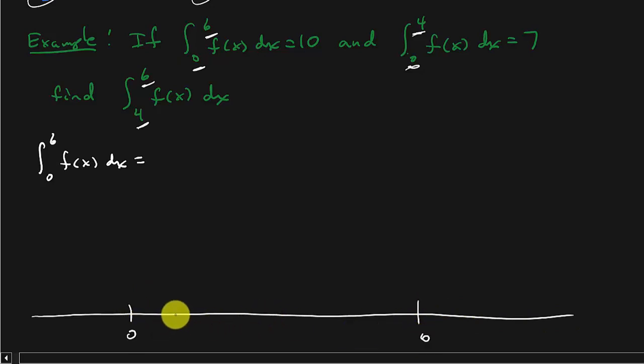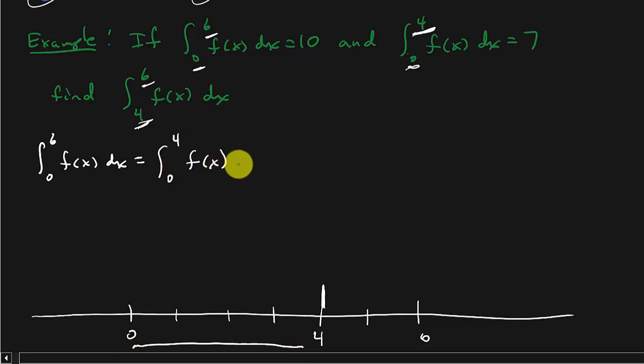I've got 2, 3, 4, 5, 6. See, here at 4, I've got something on 4. So I'm going to split it right here. So that's going to equal the integral 0 to 4 f of x dx, plus the integral 4 to 6 f of x dx.